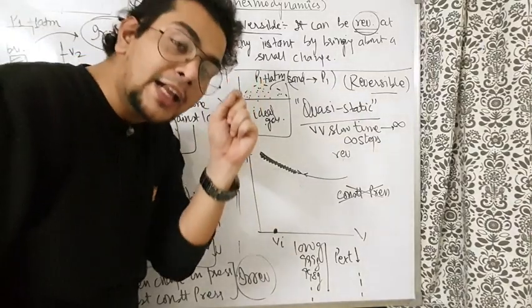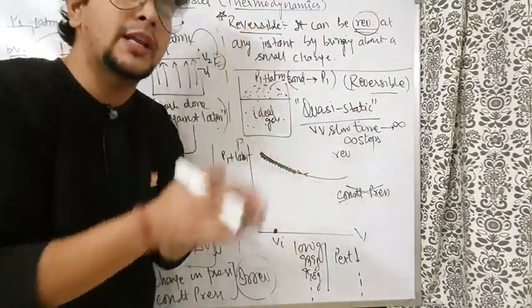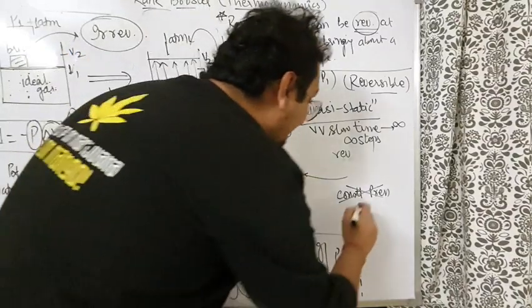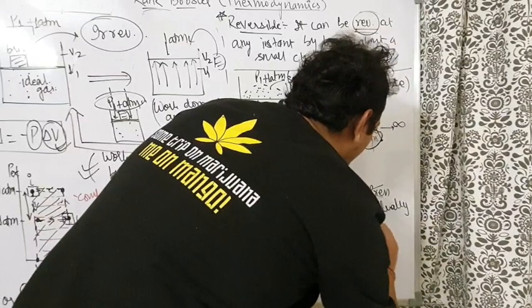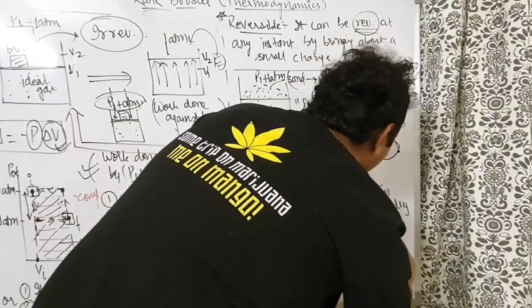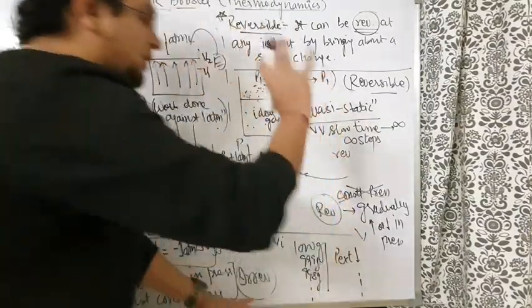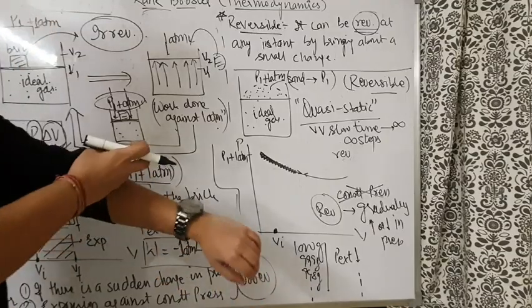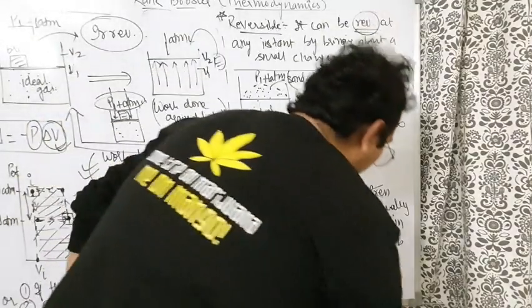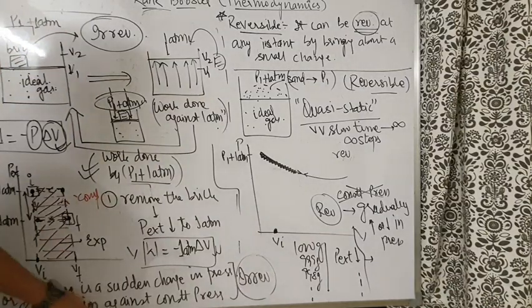If you see a gradual change in the pressure, like pressure is decreased from 20 atm to 1 atm gradually, gradually increase or decrease in pressure. If this kind of words you get in the question, 100% apply the reversible formula, minus 2.303 nRT log V2 by V1 for isothermal. Also, if you get expansion against constant pressure, it is irreversible.